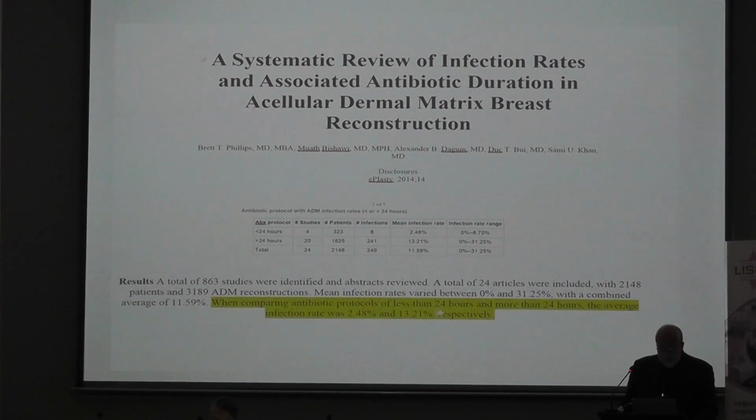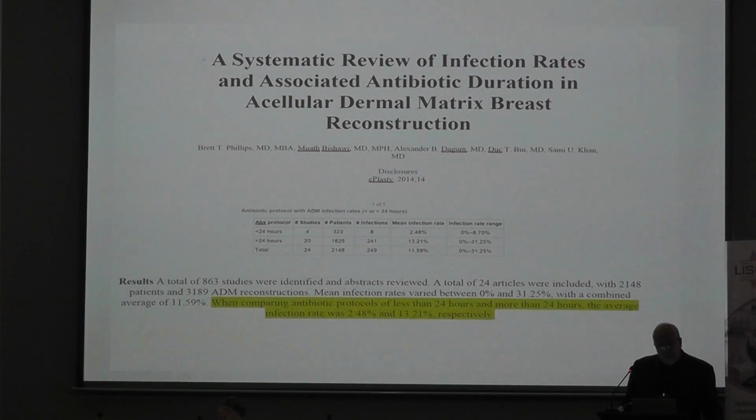Interestingly, I mentioned yesterday that in a systematic review, infection rate is directly correlated to how long you give the patients antibiotics. If you give the patients antibiotics more than 24 hours from surgery, the incidence of infection jumps up from 2.48% to 13.21%.